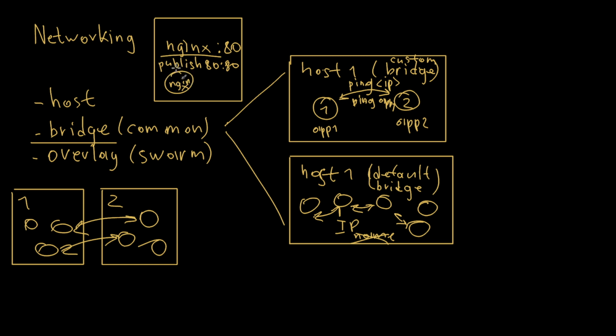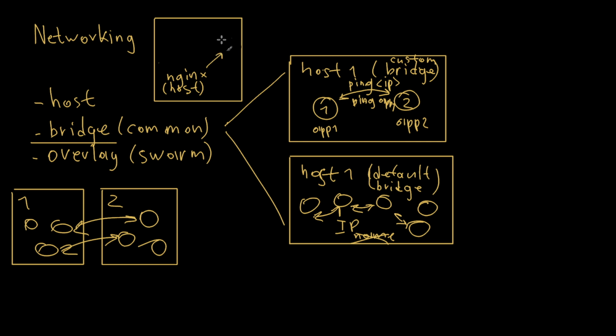But you can skip the publish option and instead specify that you're creating a container with a host network, and it means that the network will be transparent, and it basically allows you to have the same result as if you installed an Nginx application.